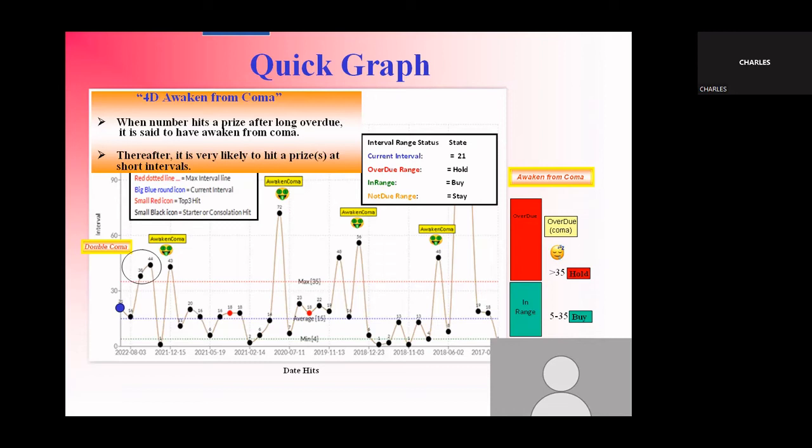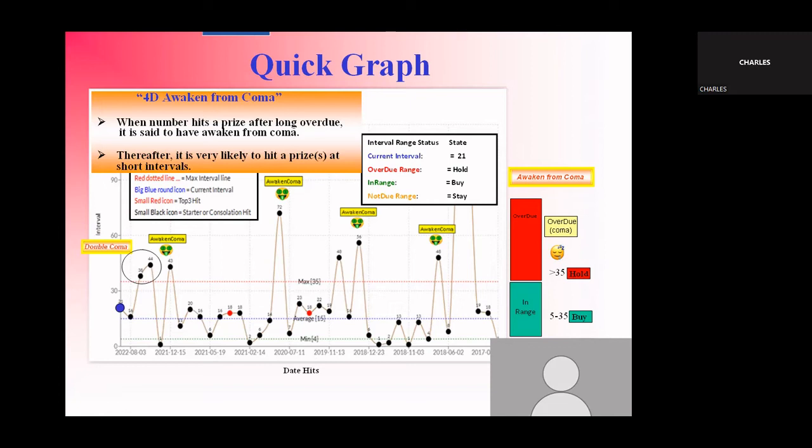So every number has a different hit chart, or graph. It's not all the same, because we are basing on the actual hits of the number. So that's why each graph is special on its own, very unique. It is not the same for every chart.